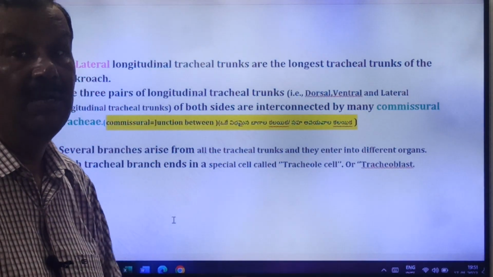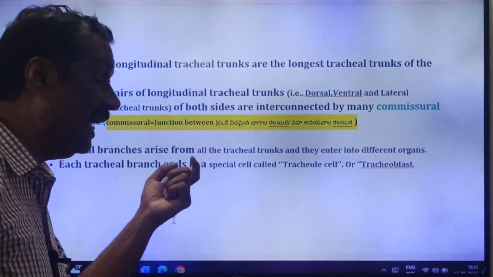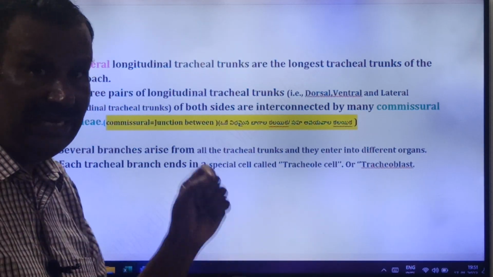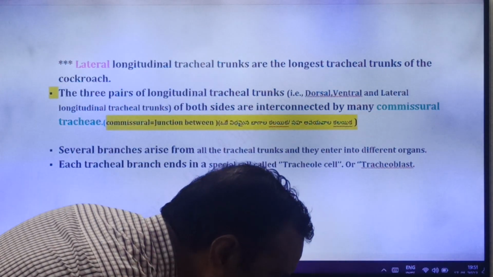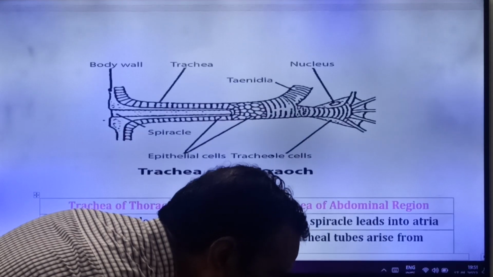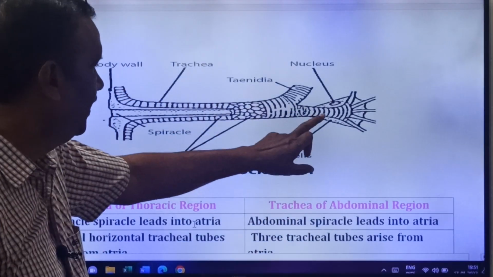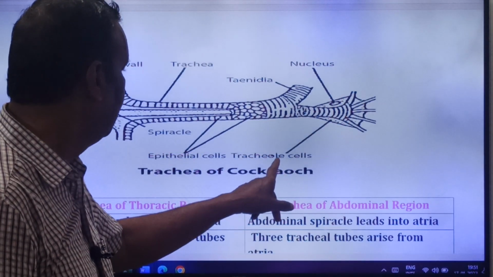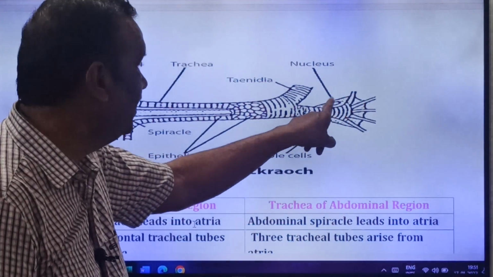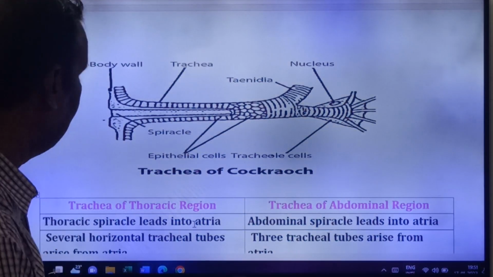Tracheole cell or tracheoblast. See, this is trachea. This is tracheal branch. This is tracheole cell, a cell with nucleus. Okay, that is about the trachea, friends.